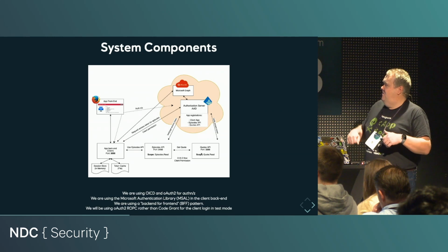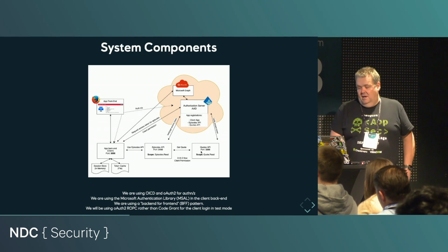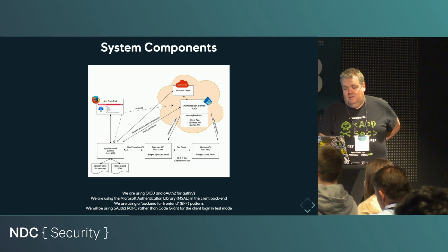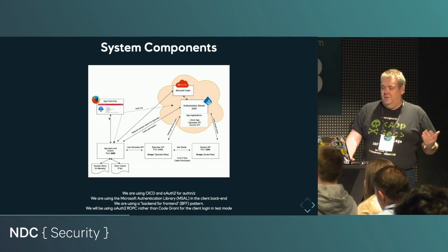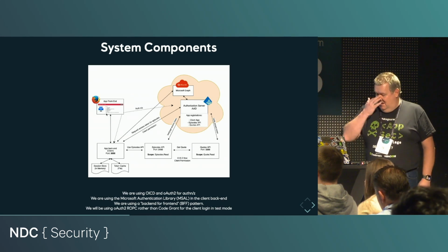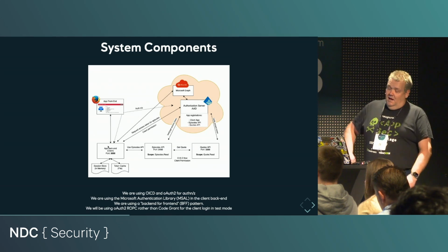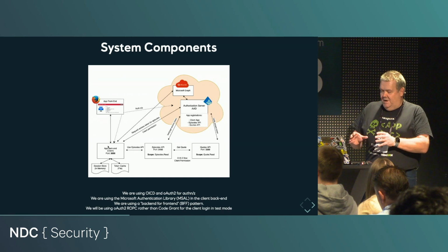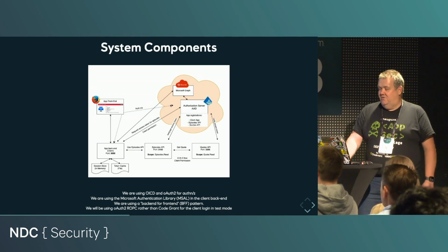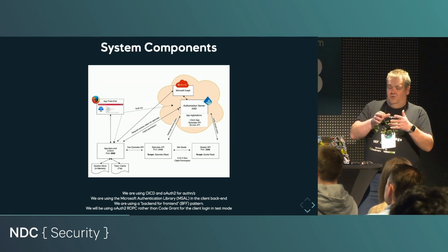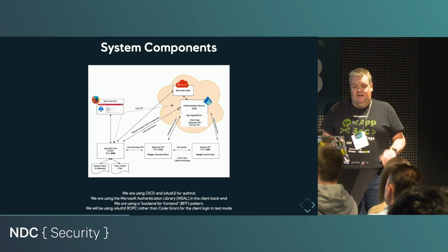So a typical flow would be: you hit the application, the backend serves the front page, the user clicks login. It's sent back to the backend. The backend says, okay, this is a login thing. I will use OpenID Connect and redirect you to Azure AD, where you can add your username and password and do MFA and all that kind of stuff.